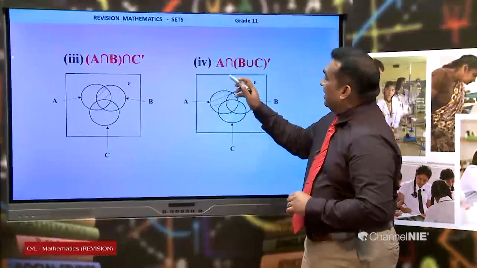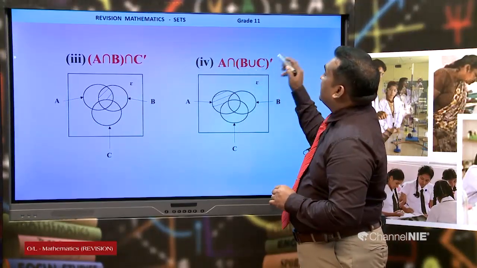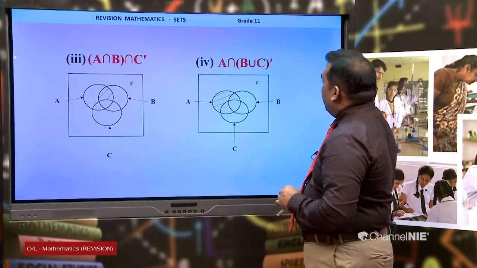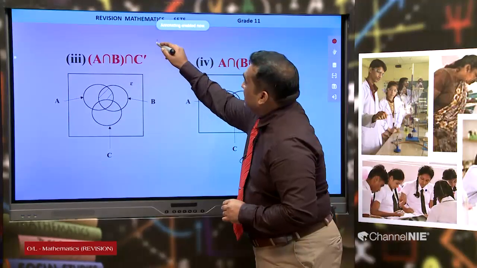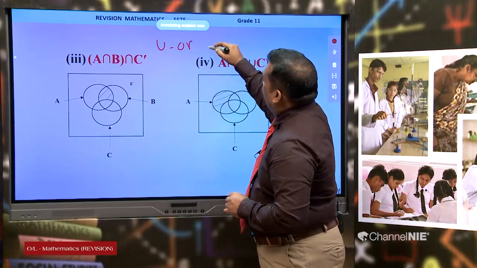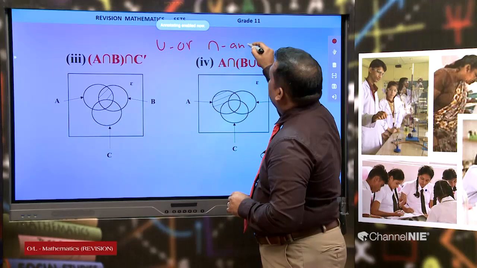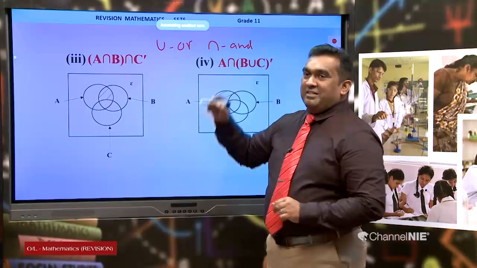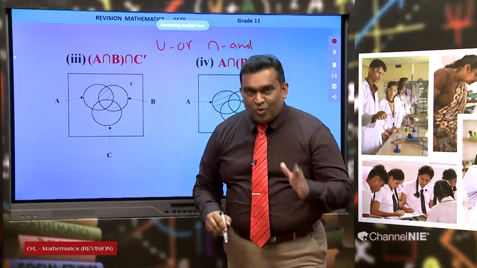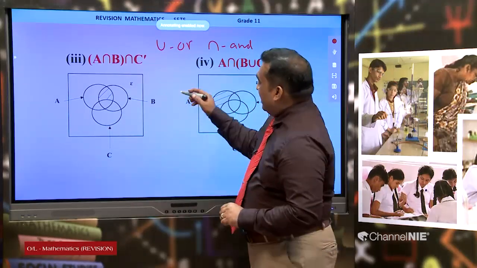Here A intersection B union C. Union means OR, intersection means AND. How do we read this?